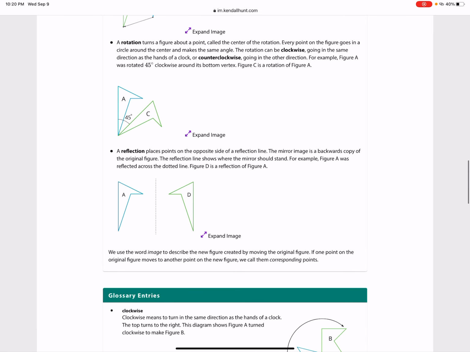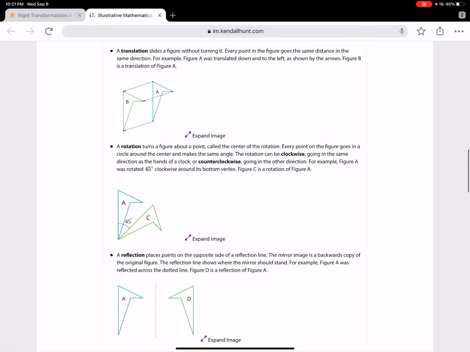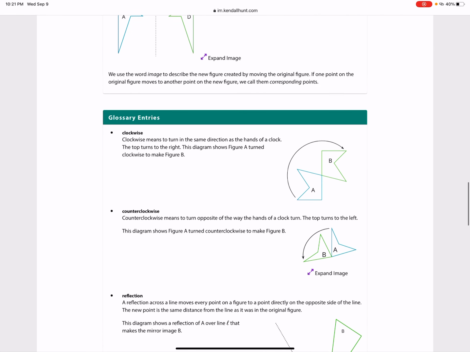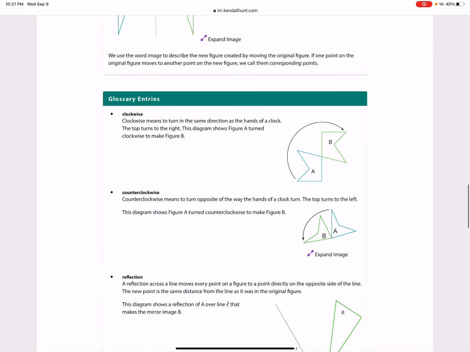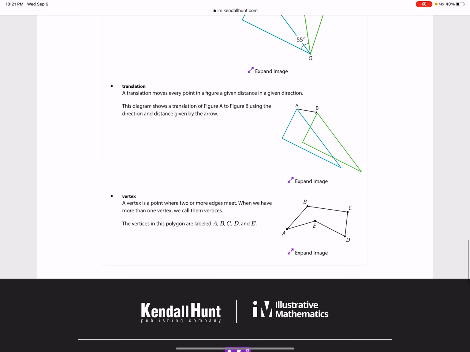And a reflection is like a flip over a line, like that last example. So this piece right here is very helpful. And then there's some more vocabulary words at the bottom. Clockwise is like the way a clock goes to the right. And then counterclockwise is the opposite of a clock, it goes to the left. And those vocab words I just mentioned.